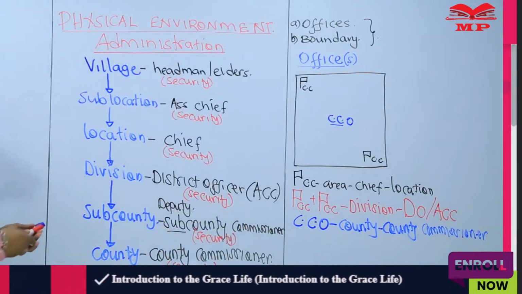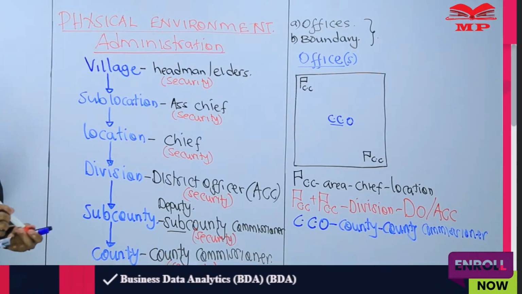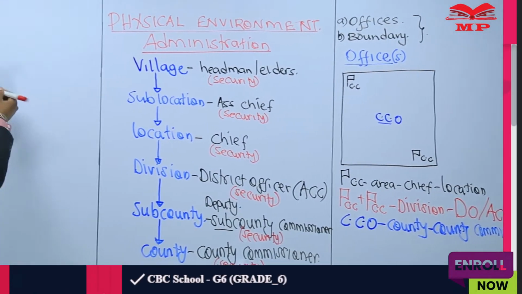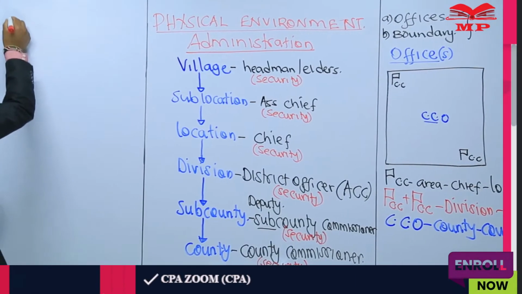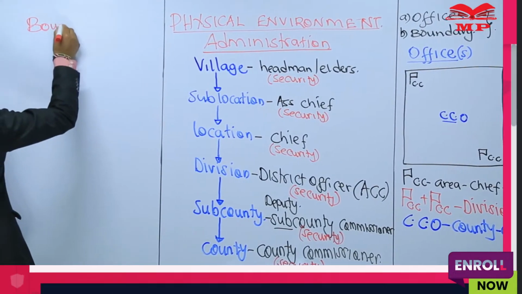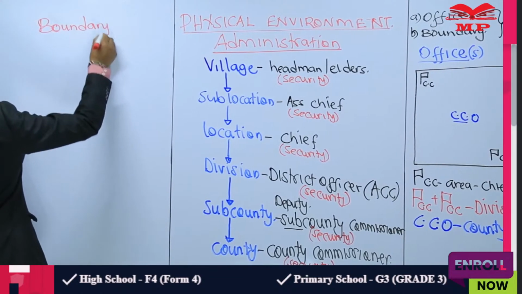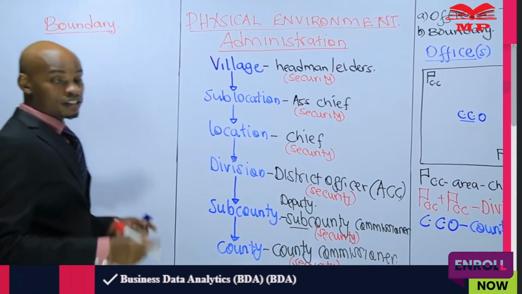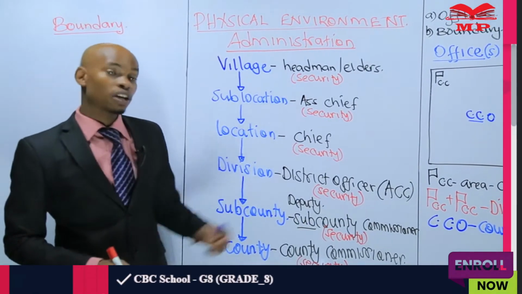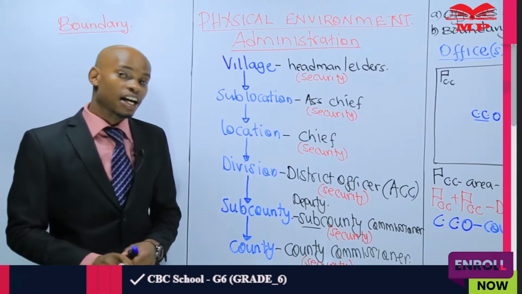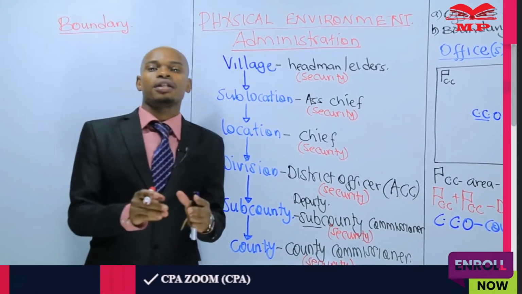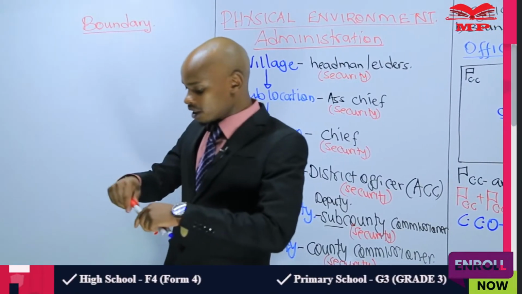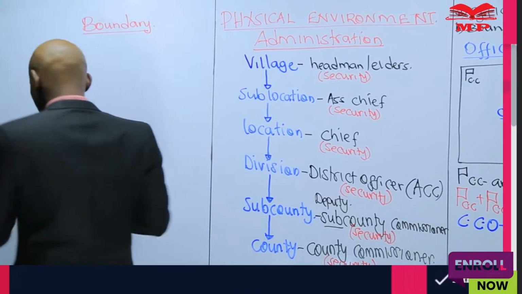Now, let's go to using a boundary to get the administrator. We have illustrated how you use an office to get the administrator and the area. Let us now illustrate how to use a boundary. For a start, let us have an example of a map.